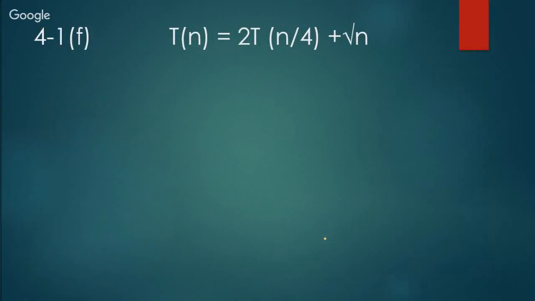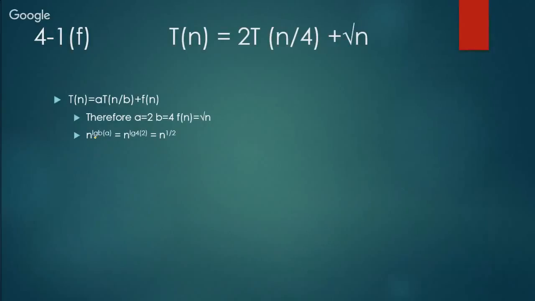Another recurrence question. T(n) = 2T(n/4) + n^2 + square root of n. Our a is 2, our b is 4.